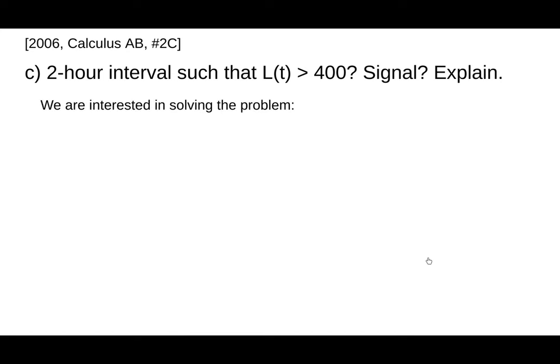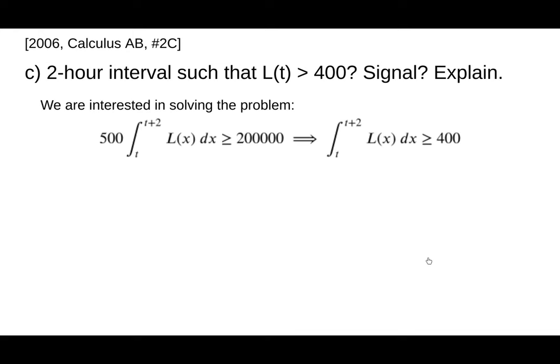We need to make sure that this product, which is given in the question stem on the actual test, has to be greater than 200,000. If this product, 500 times the integral over that 2-hour interval, has to be greater than or equal to 200,000. Right?